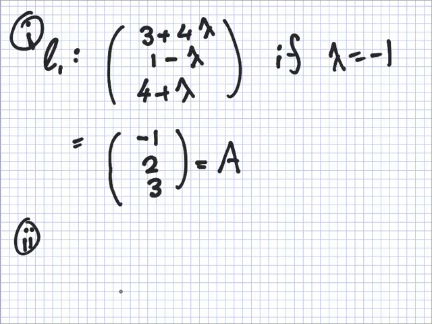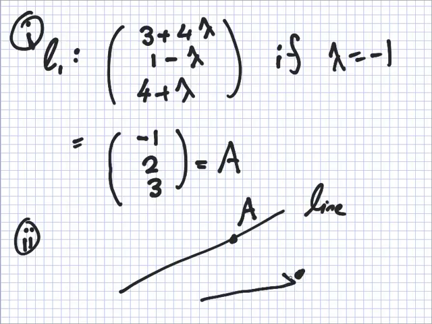So the second part. Here's our line. A is on the line. B is somewhere here. And that's, I don't quite have it in my picture here. That's perpendicular.